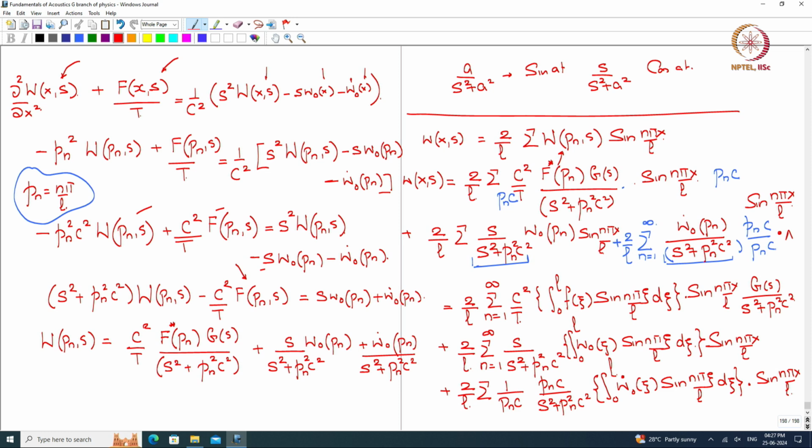Okay. So this is what w of x comma s is. It's a big w of x comma s. So I want this on the next page.